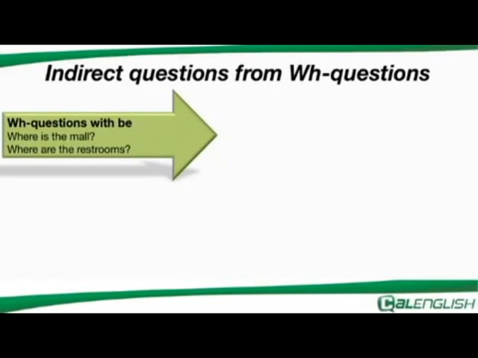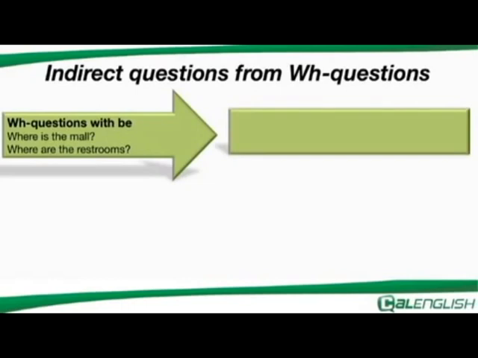Where are the restrooms? Now, an indirect question is more polite, okay? It's a more formal way to ask things. It's a little bit more educated, okay? So if you're ever in the United States or anywhere, try to use an indirect question when you're going to ask for something at a restaurant.